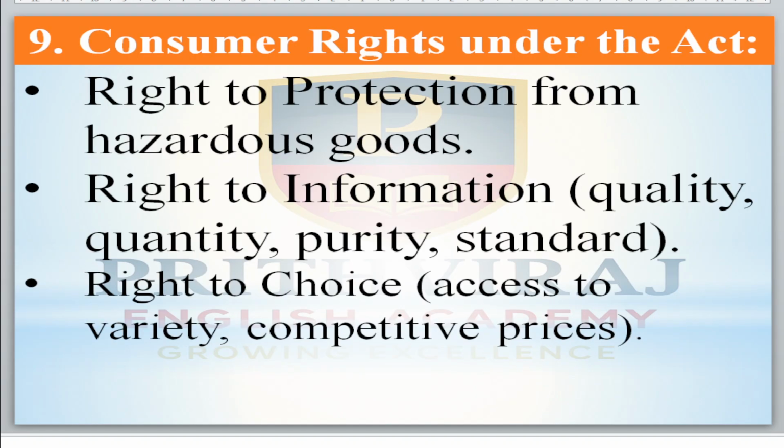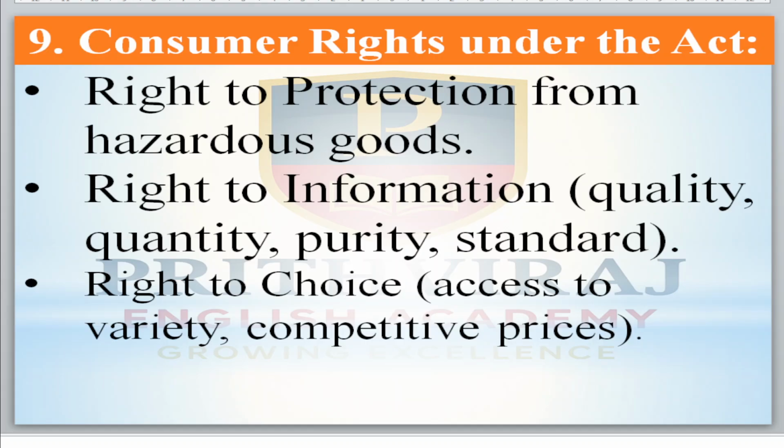Now come to the consumer rights under the act. Right to protection from hazardous goods, means dangerous goods will not be sold in the market. That right is given by the government under this act.